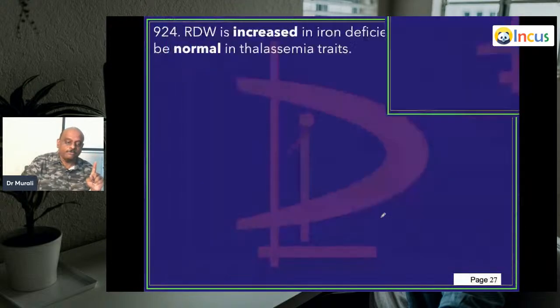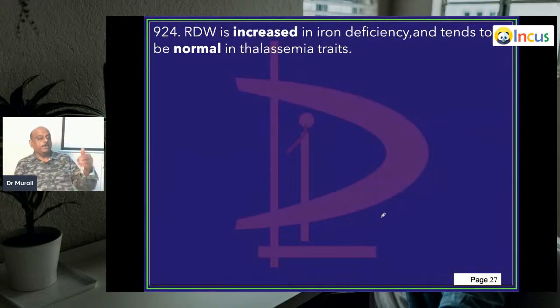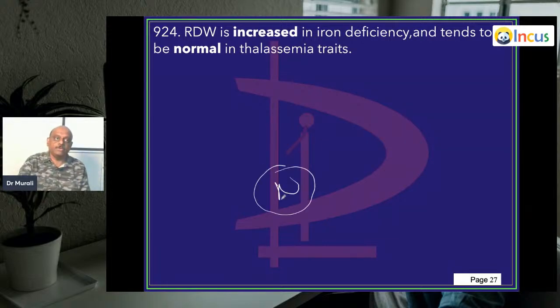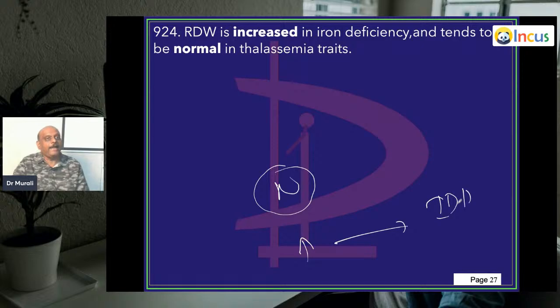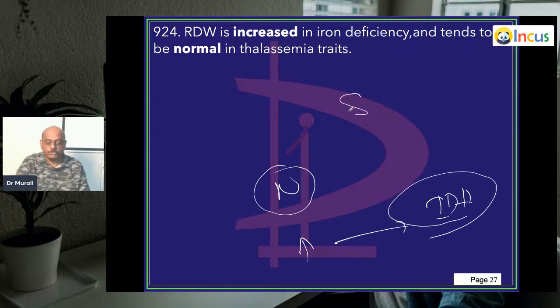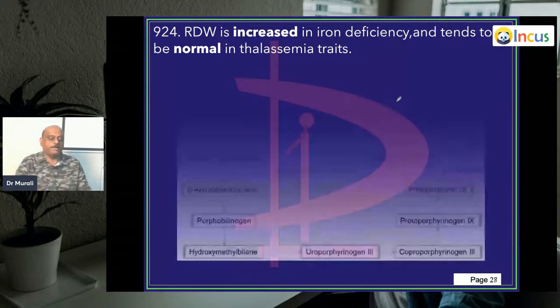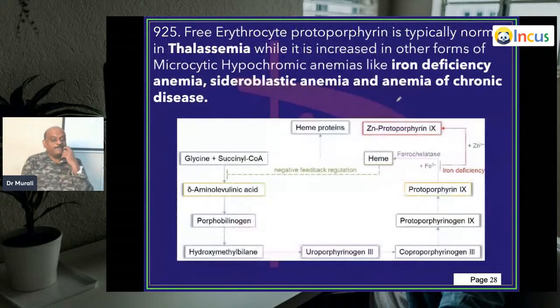That's the importance of RDW. So thalassemia has a normal RDW. Increased RDW is a feature of IDA, iron deficiency. Tomorrow, sure, short NEETPG point. The next is free erythrocyte protoporphyrin.